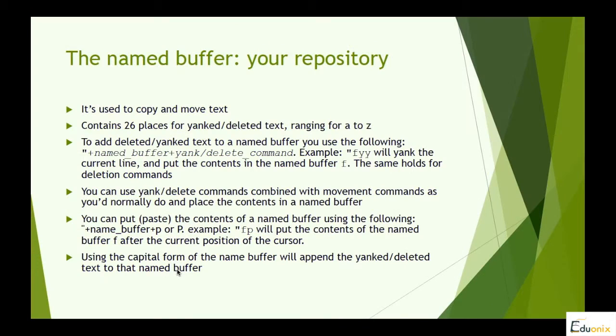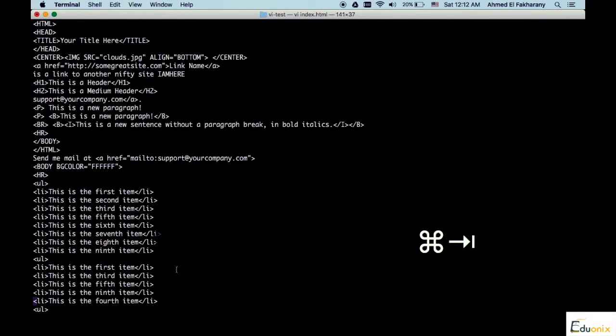It's very handy. Now the named buffer also has an even more powerful feature, which is that you can append text to a buffer, and this can be done by replacing the small letter of the buffer name with the capital letter. What this means is, imagine for example that we have here maybe the 6th and the 7th.